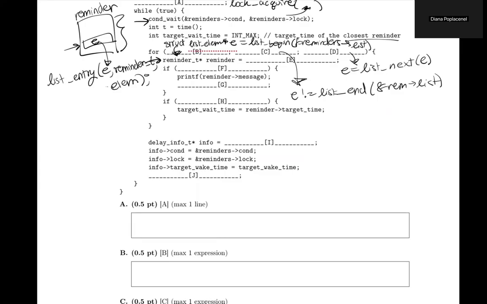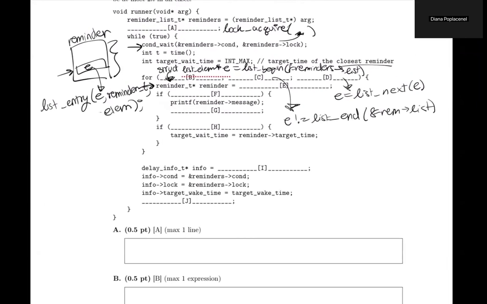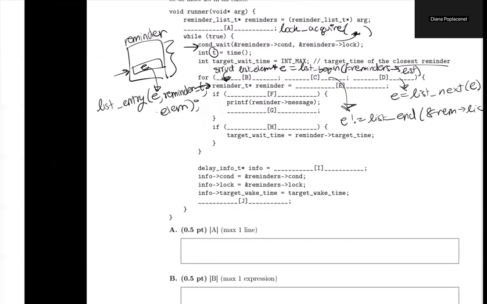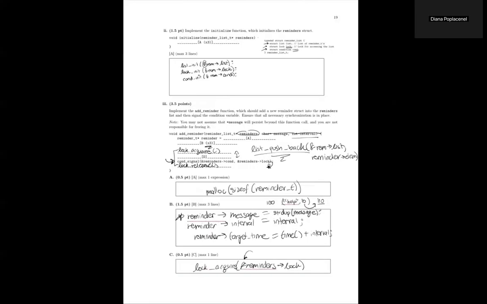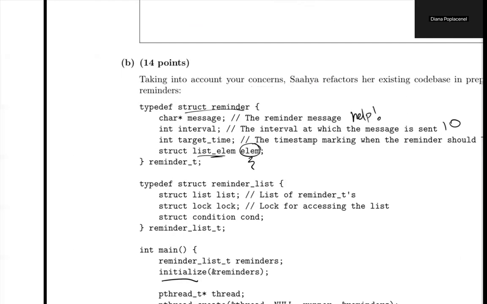And now we need to check whether we should print the reminders message. So, what do we have to work with? We have this T variable that gives us the current time. Every reminder has an interval time. If we go back to this, it also has a target time.